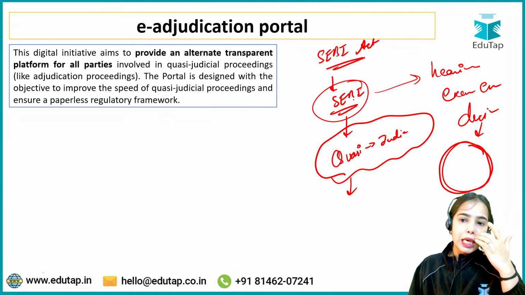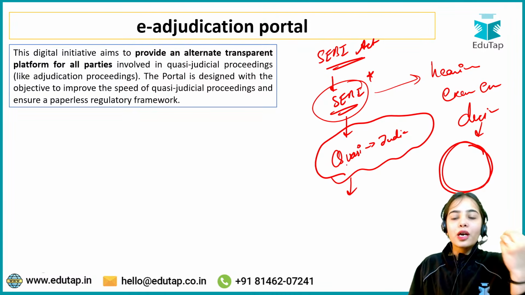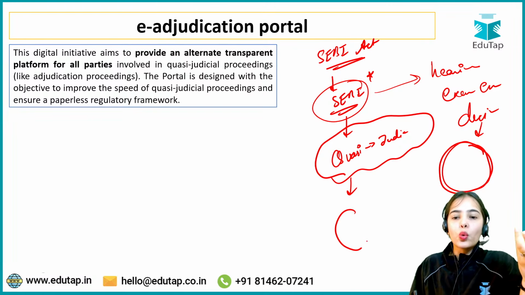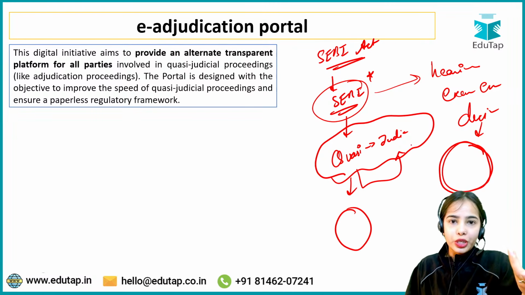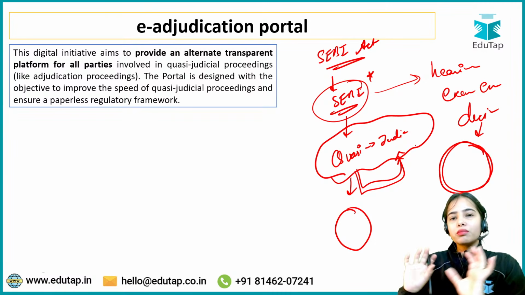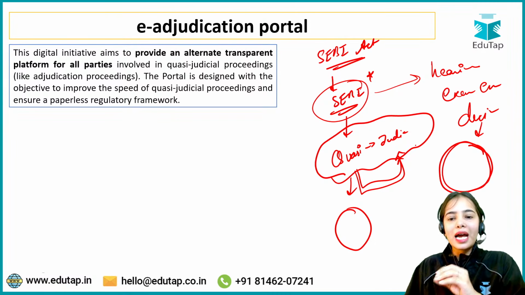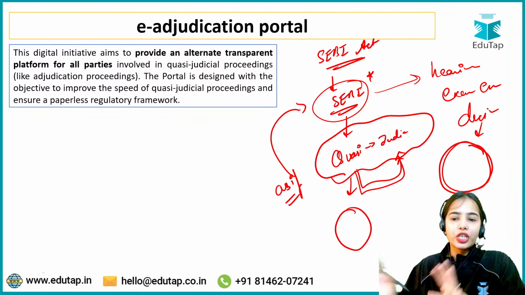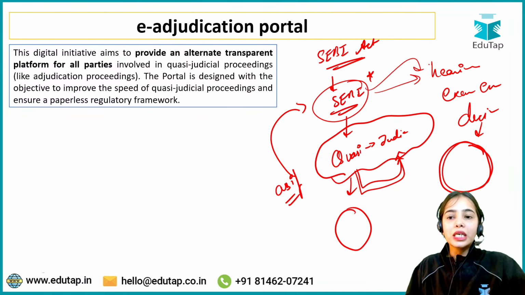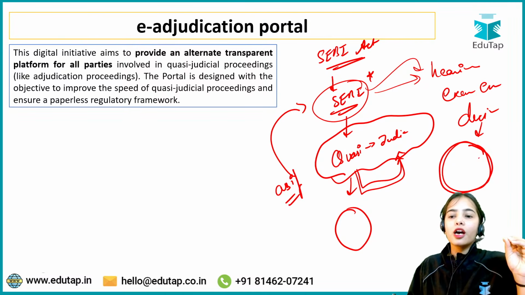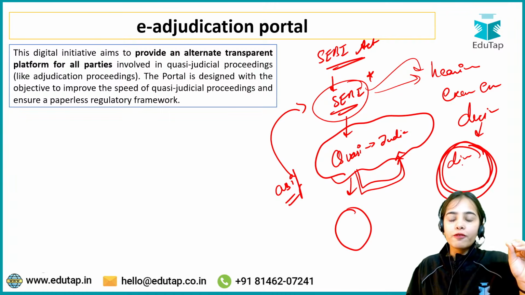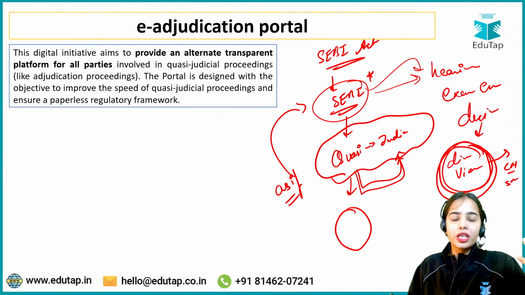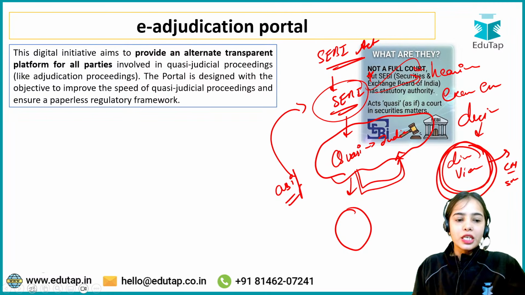So SEBI works as the judiciary for its own domain, as if it has court-like powers, as it can undertake hearings, examine the evidence and take decisions for the disputes and violations that are happening in the securities market domain. So that is known as quasi-judiciary.